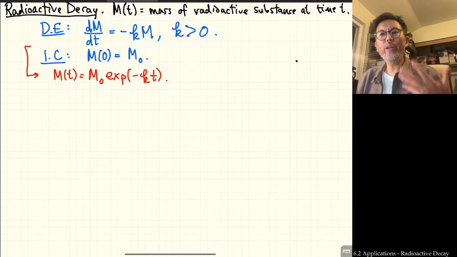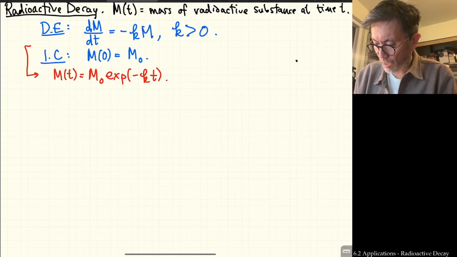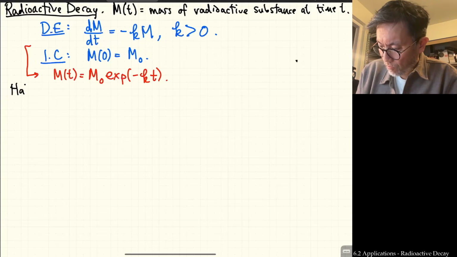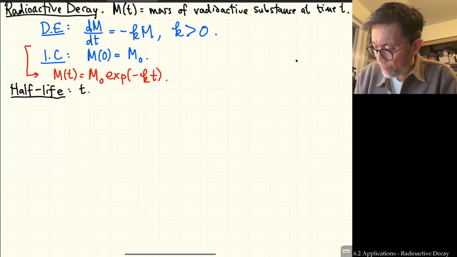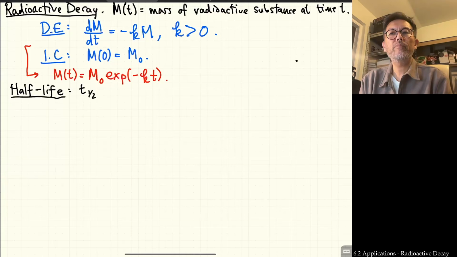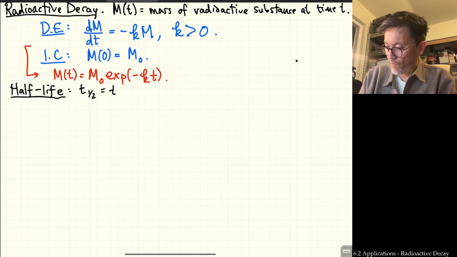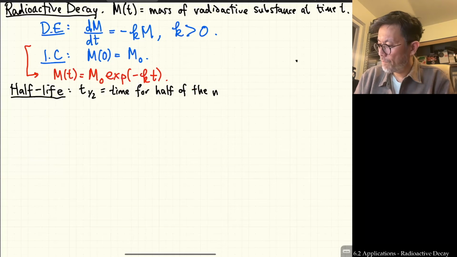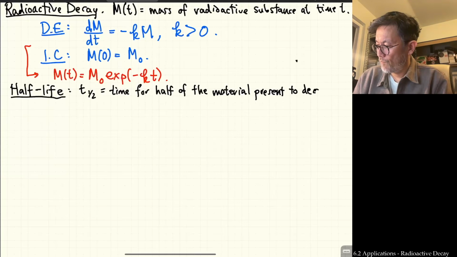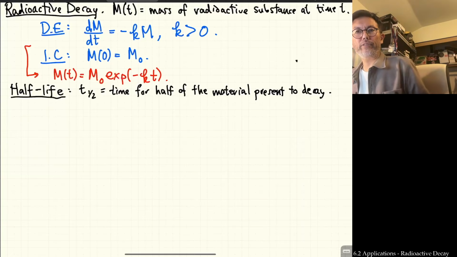Okay, what is half-life? So let's talk about that. We'll denote this by t sub 1/2, like this. And this is the time for half of the material present to decay radioactively, of course.